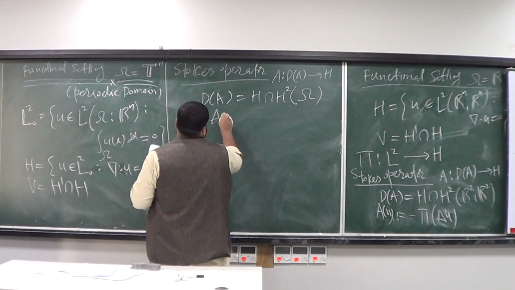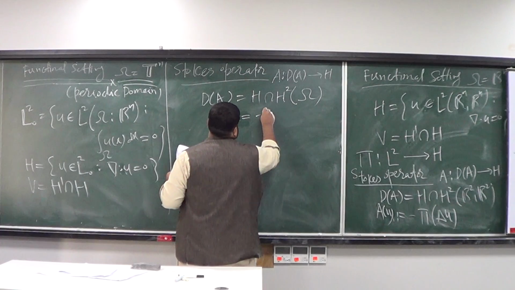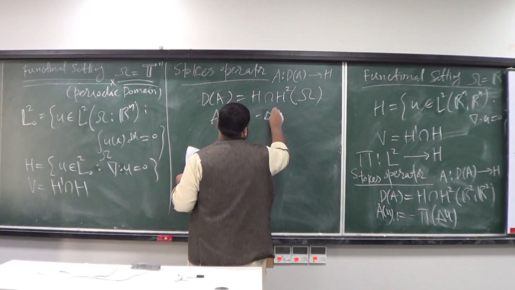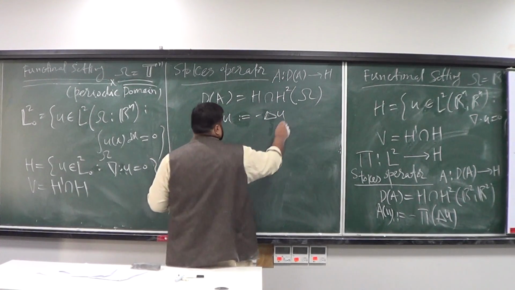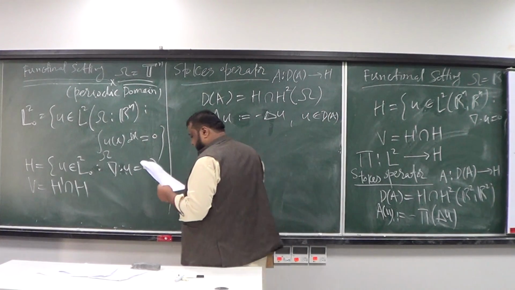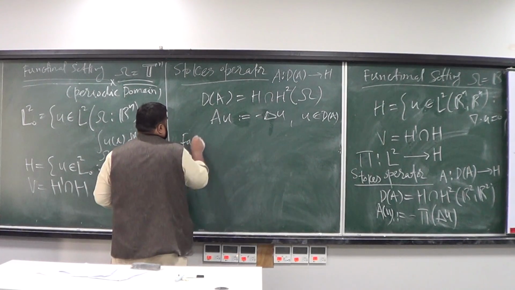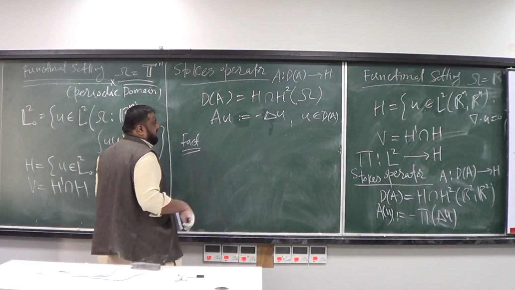And Au in this case is not a projection but simply the Laplace, where u is from the domain of A. So what are the facts about the Laplace operator in this case?